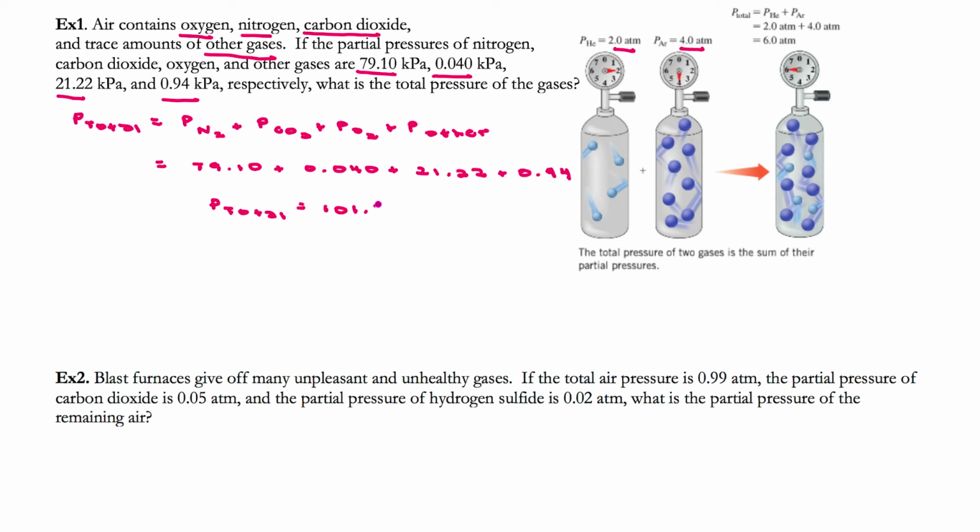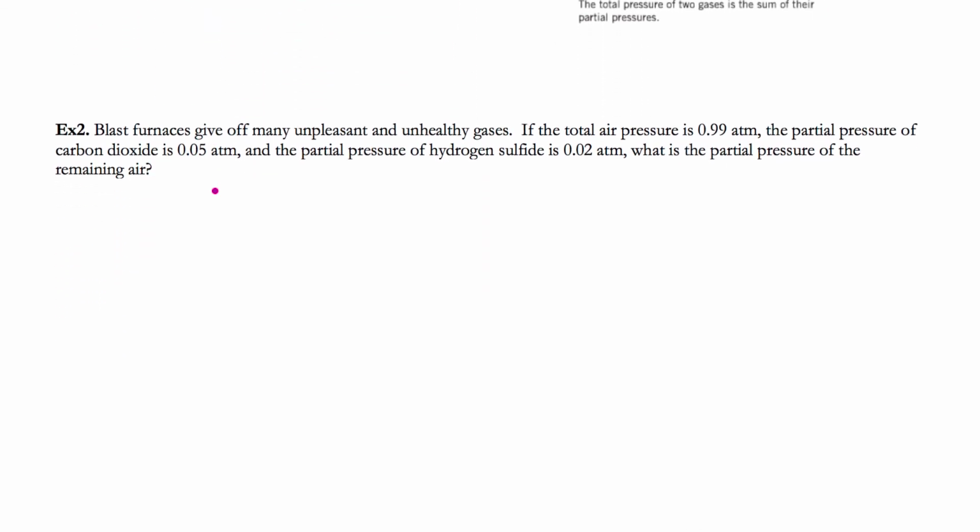Now keep in mind, because I'm adding, I need to be rounding based on the fewest number of decimal places. And since all of these values, so this has 2, this has 1, 2, 3, 1, 2, 1, 2, I need to have 2 decimal places, so 101.30, and my units are kilopascals. And that's all there is to it. Let's look at one more example.